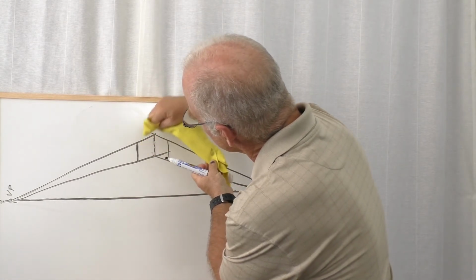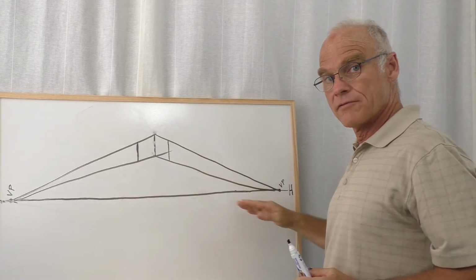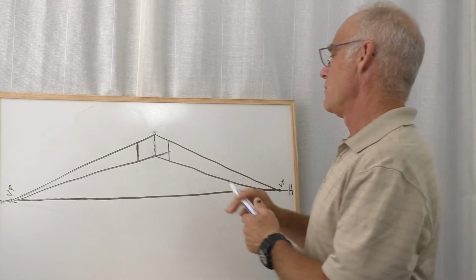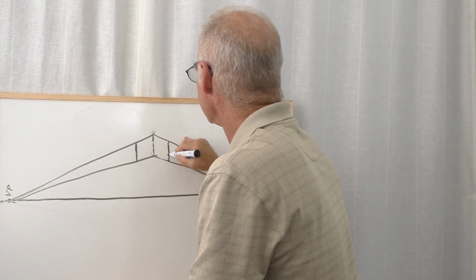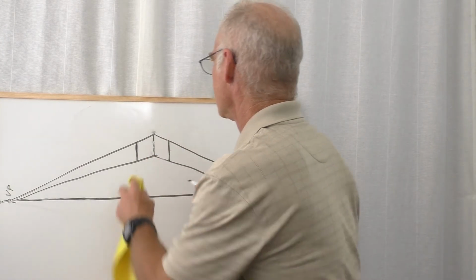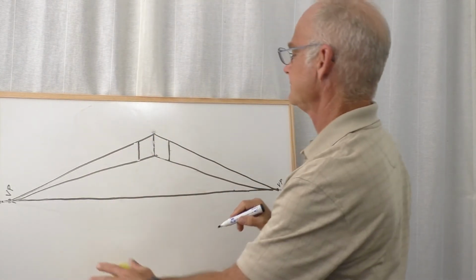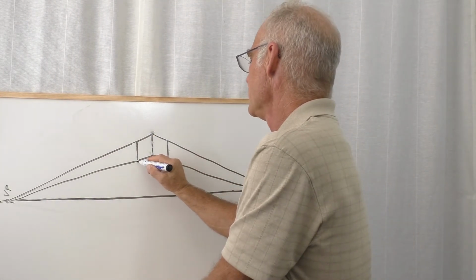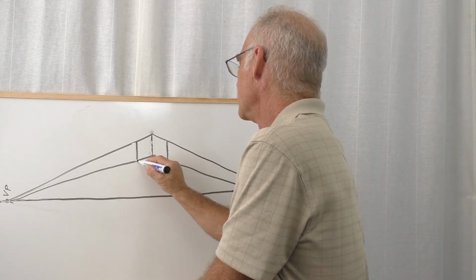We need to make these lines converge on the vanishing point. Don't be afraid to erase and adjust. Okay. I'm going to draw this projection line to the far vanishing point.